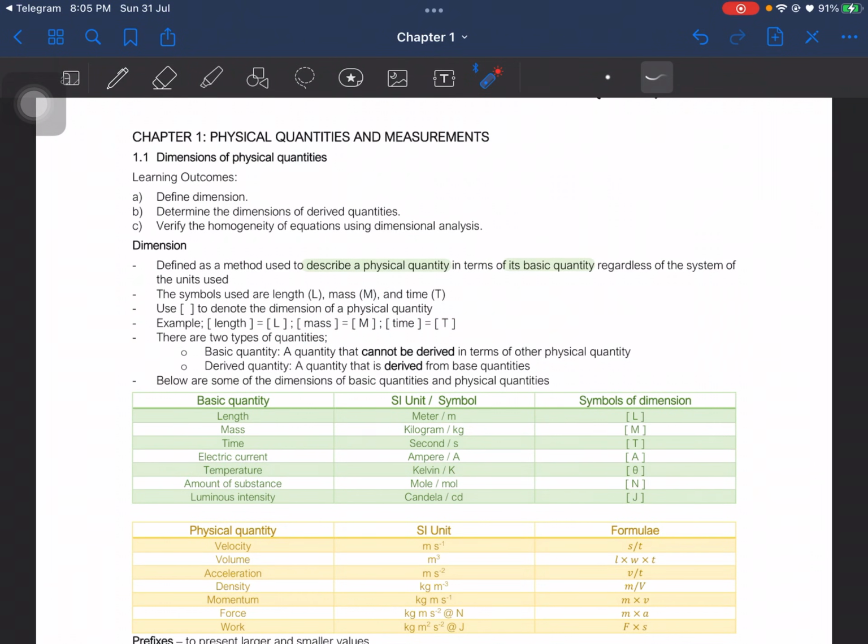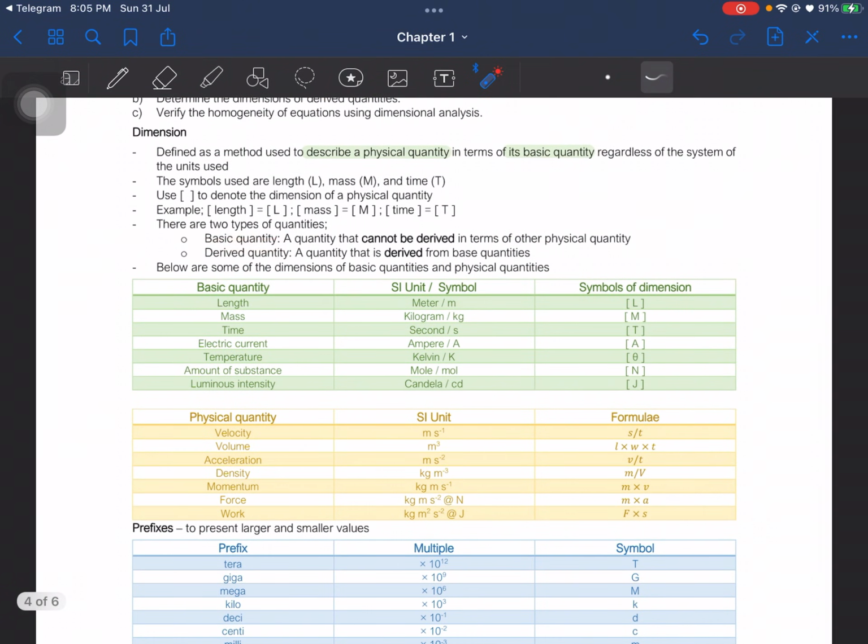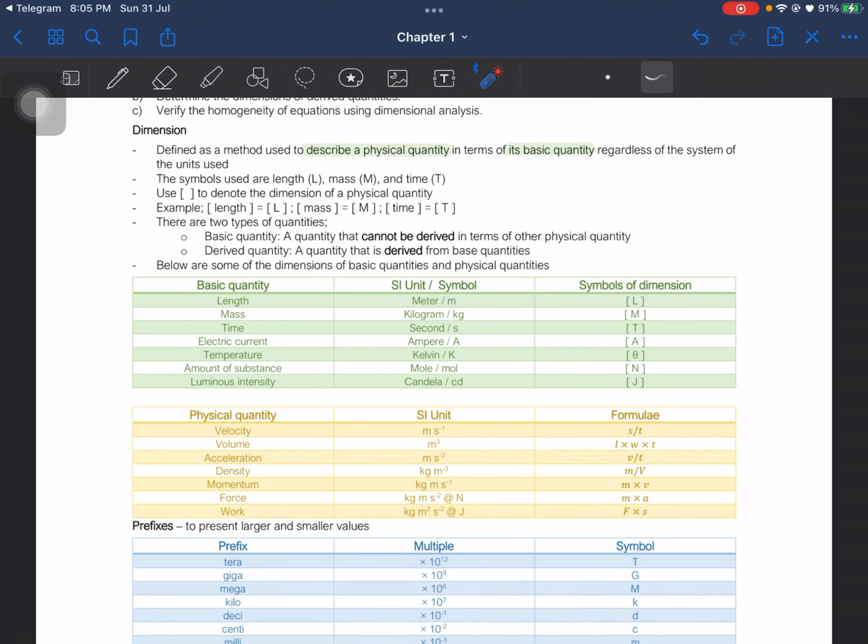Note that there are 2 types of quantities. The first one is basic quantity and the second one is derived quantity. A basic quantity is a quantity that cannot be derived in terms of other physical quantities, and a derived quantity is a quantity that is derived from these base quantities.